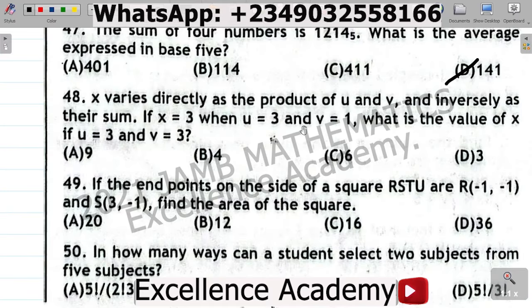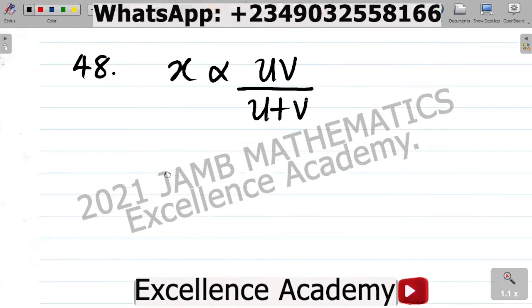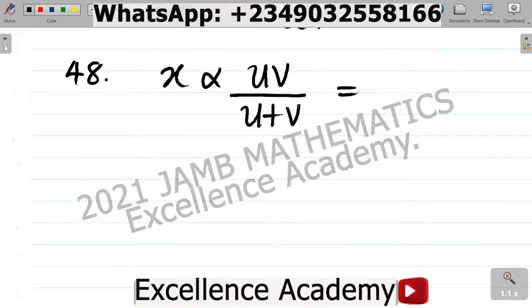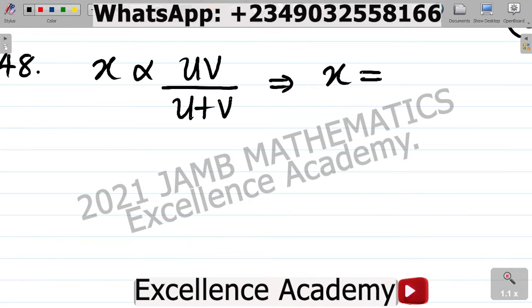All right, before we use the given values, let's get a constant. For constants here, you have that X is equal to, let's call the constant k. Of course, to take out the proportionality sign, put an equal to and include a k.